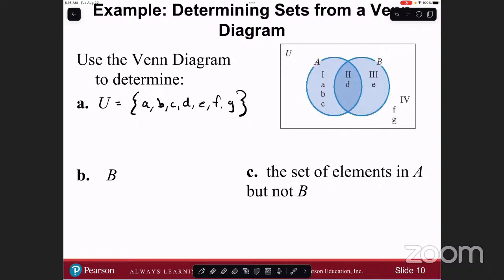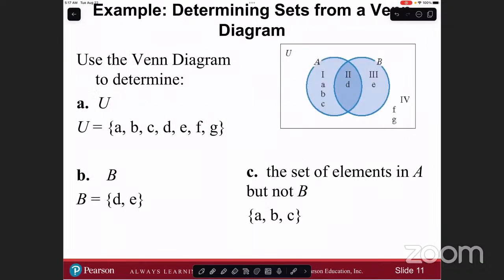So that's going to be D and E. The set of elements in A but not in B is going to be region 1: A, B, and C. And we see those results here.